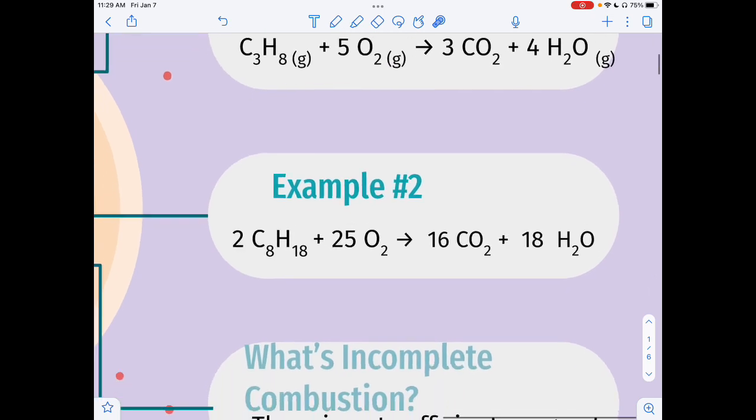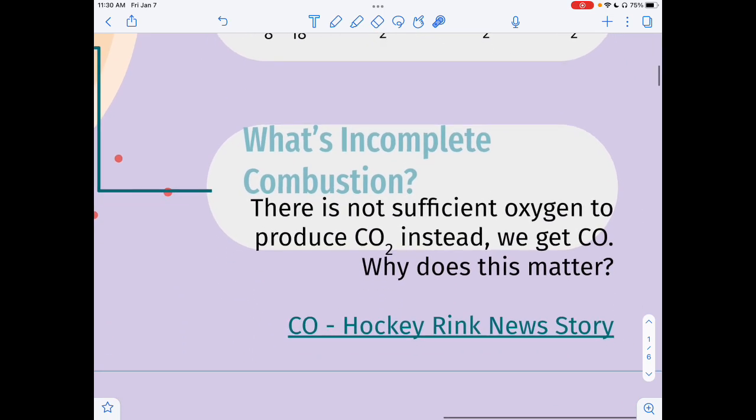Now, there is one side effect of combustion, and that is if there is not enough oxygen. So incomplete combustion means that there is not sufficient oxygen to make the carbon dioxide. And what happens instead is it produces carbon monoxide.